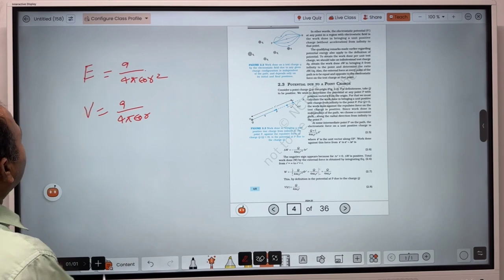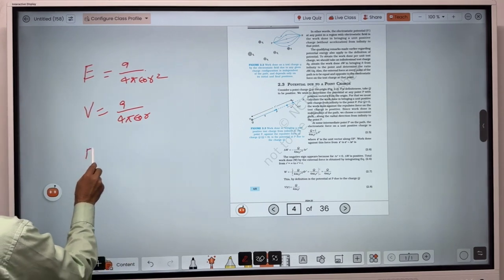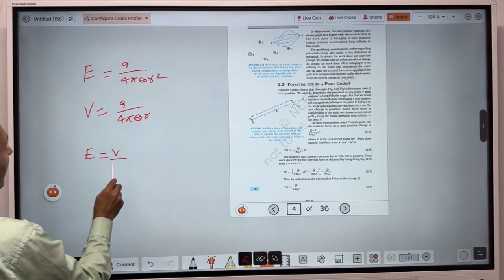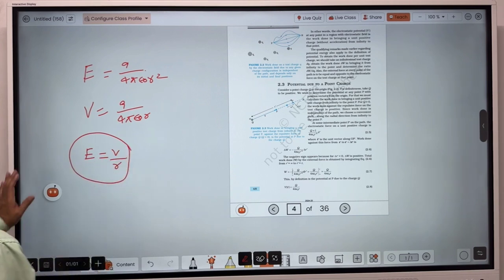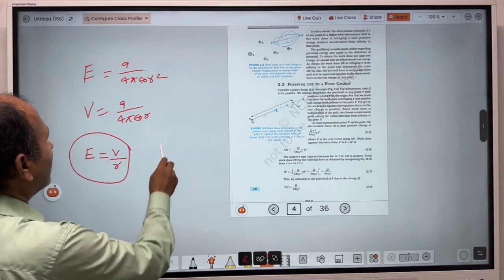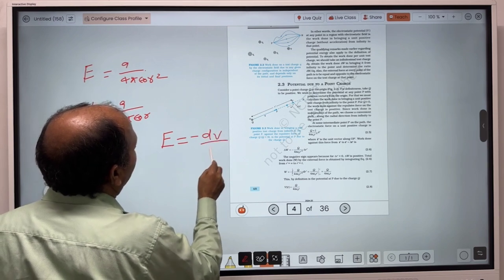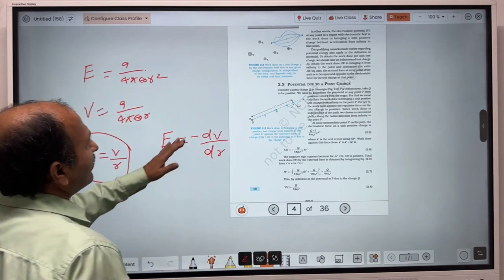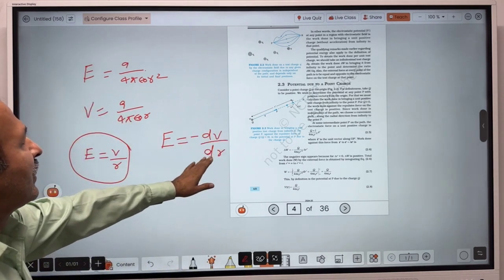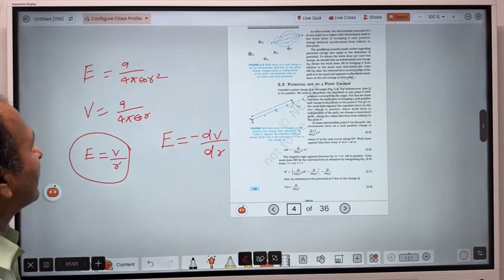So how are they related? At the basic level E is V upon r, but in effect, E is equal to minus dV upon dr. Negative gradient of potential is electric field.